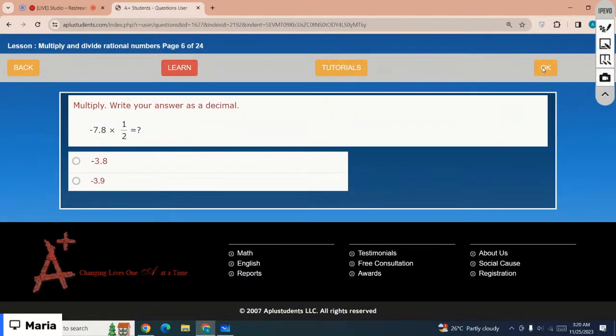Okay, the next one is negative 7.8 times 1 over 2. So, which is the correct option? You have to divide negative 7.8 by 2. So, the correct option is, yes, that is negative 3.9.